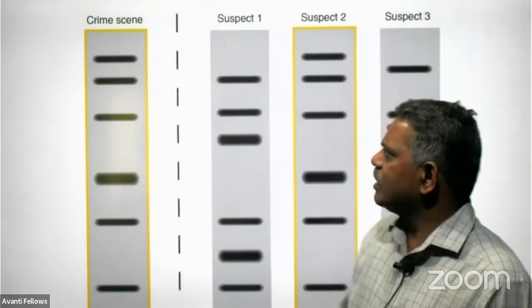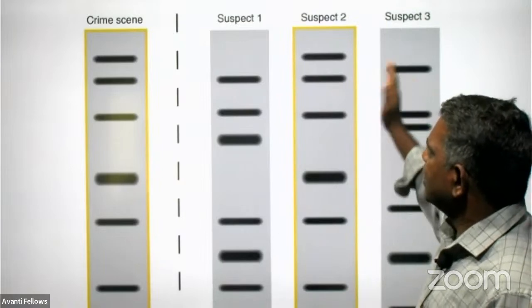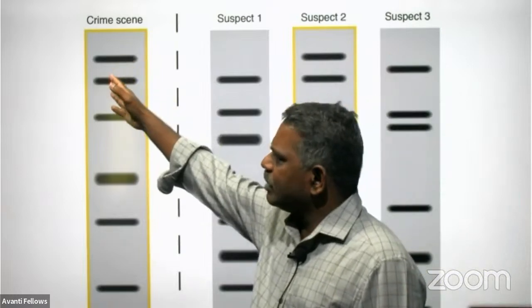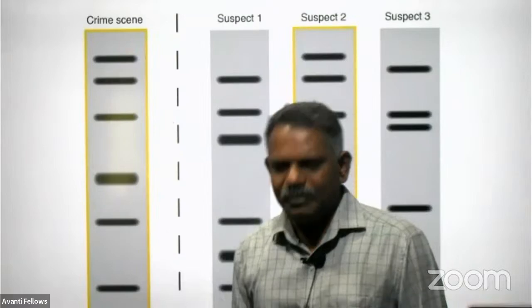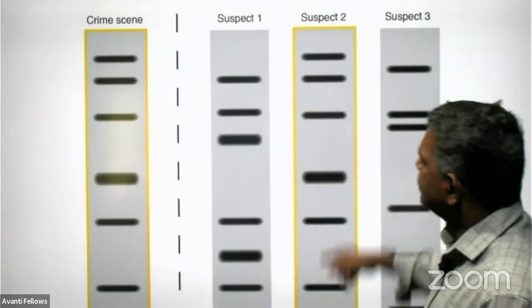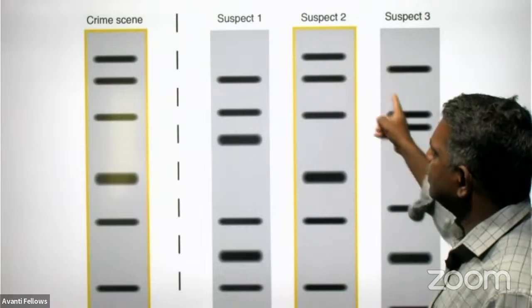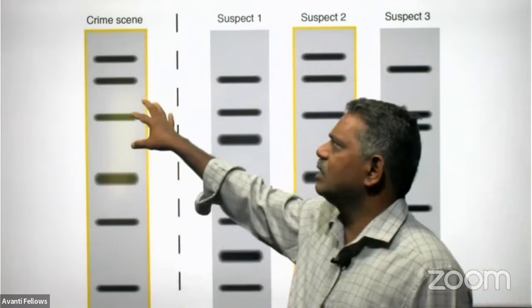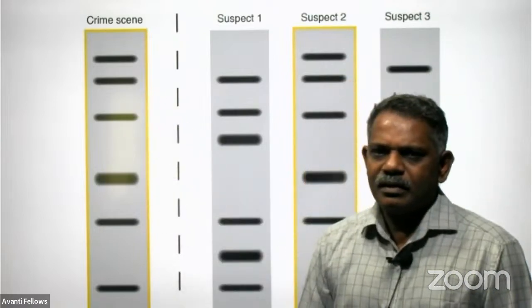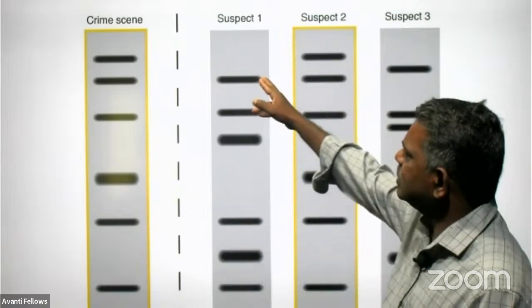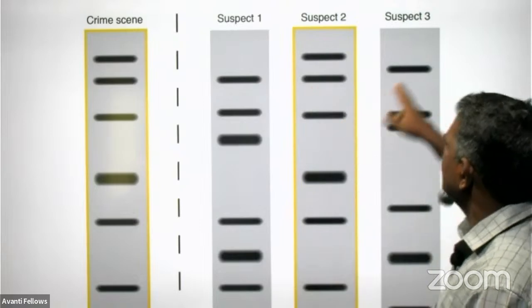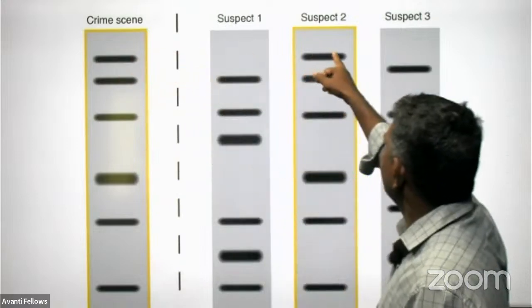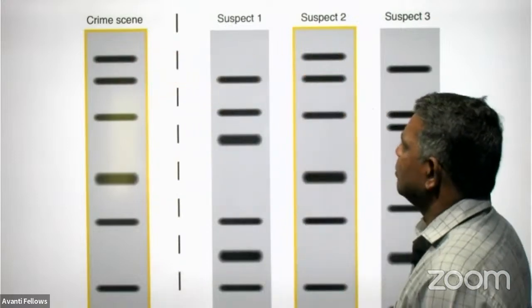Then they take the fingerprinting of all the suspected persons and compare it with the fingerprint prepared from the cell collected from the scene of crime. After comparison, you can easily identify which suspected person is really involved in the crime. Is it suspected person number 1, number 2, or number 3? See the banding.